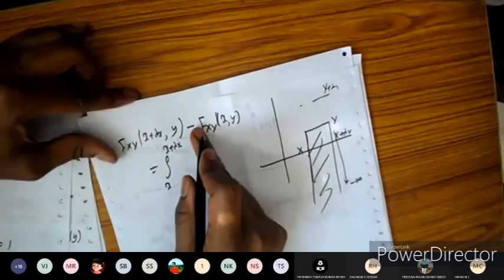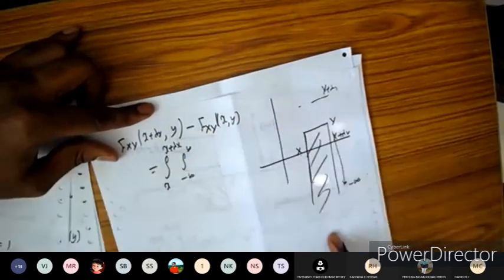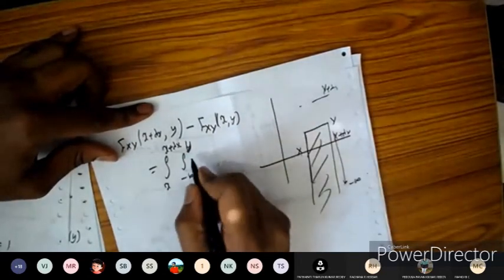This is one of the properties of the PDF we have seen, and this is from minus infinity up to y, because y can take values from minus infinity up to y.